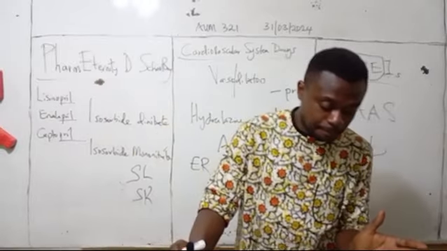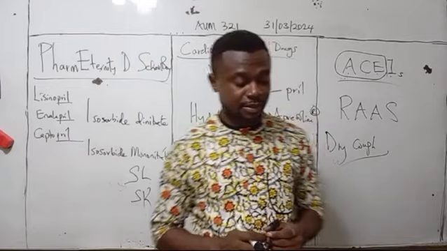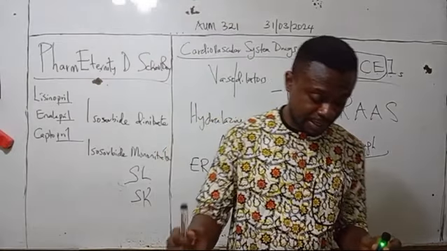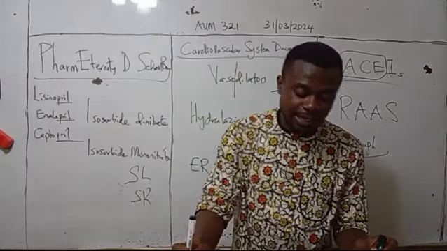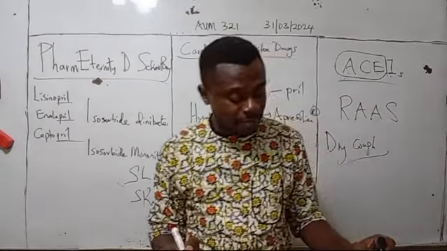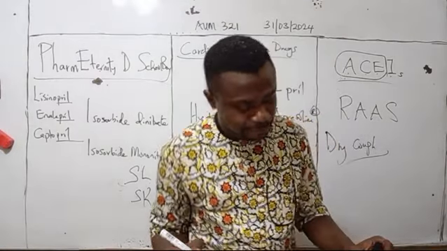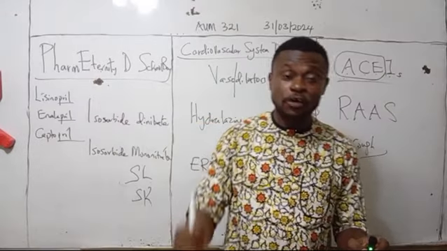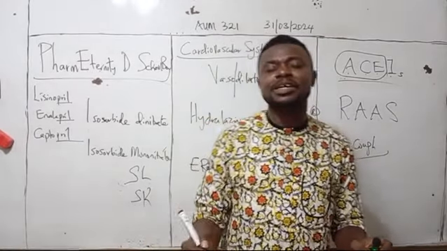We also have benazepril 10 milligram with amlodipine 5 milligram, benazepril 20 milligram with amlodipine 5 milligram, and benazepril 20 milligram with amlodipine 10 milligram. Generally, the dose should not exceed 80 milligram benazepril and 20 milligram amlodipine.